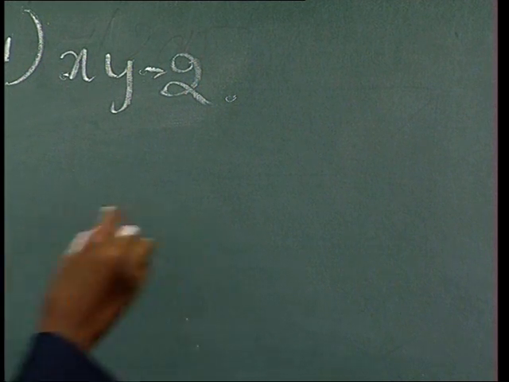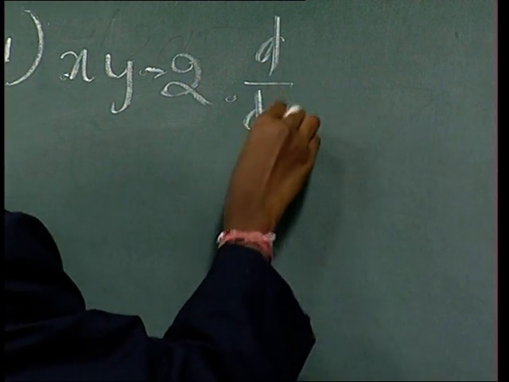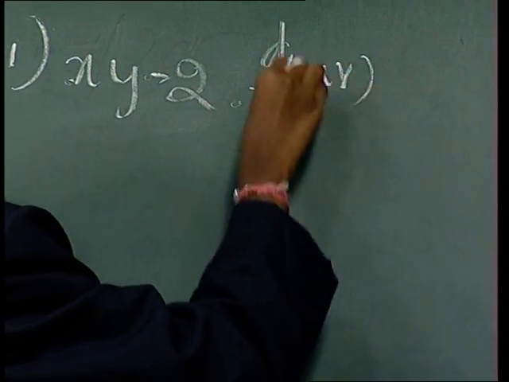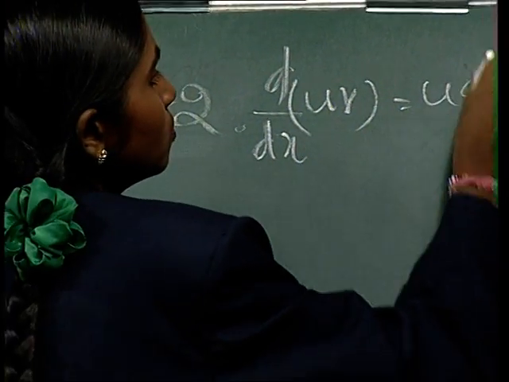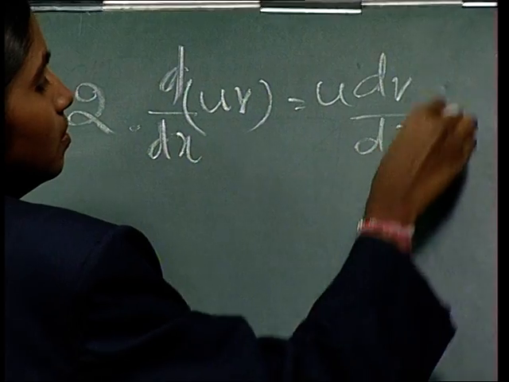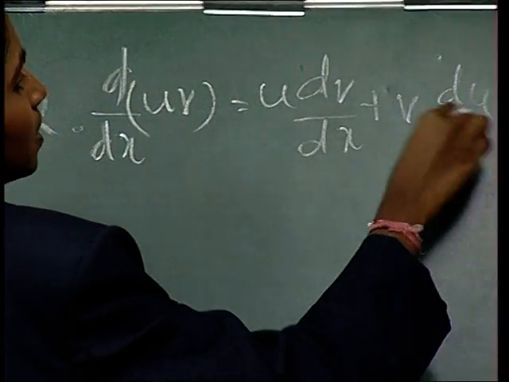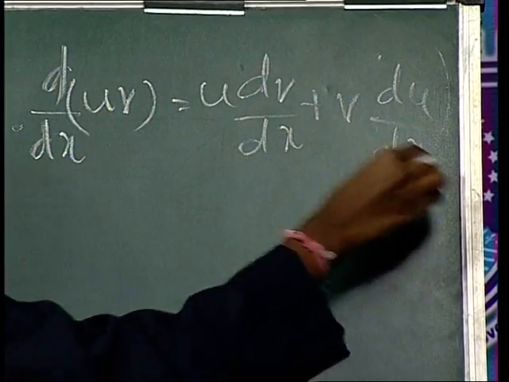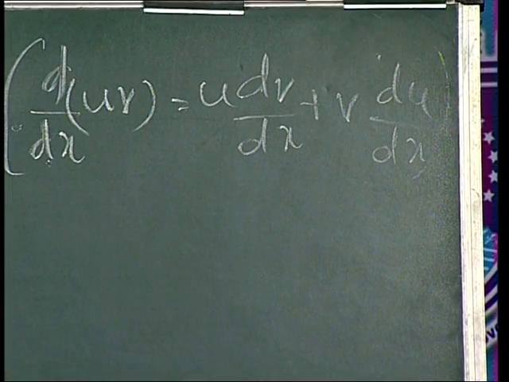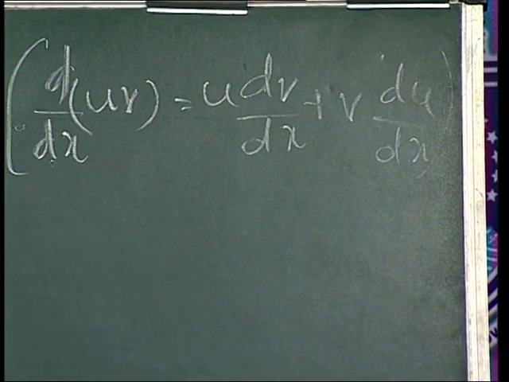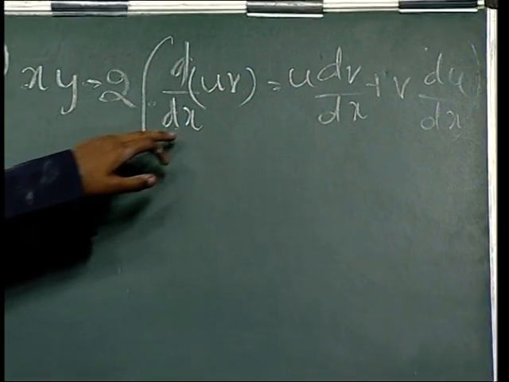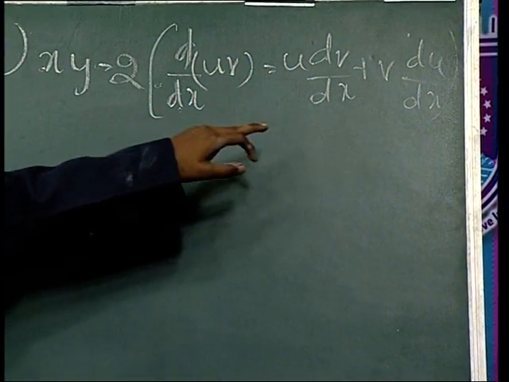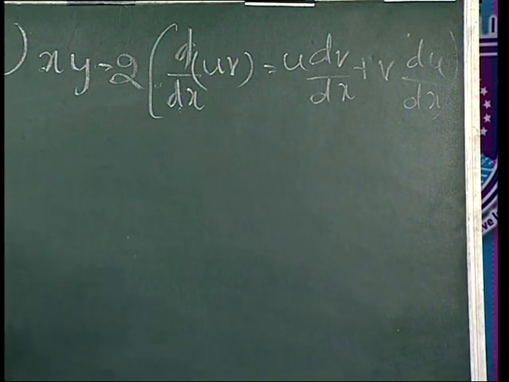The uv formula is d/dx (uv) = u dv/dx + v du/dx.